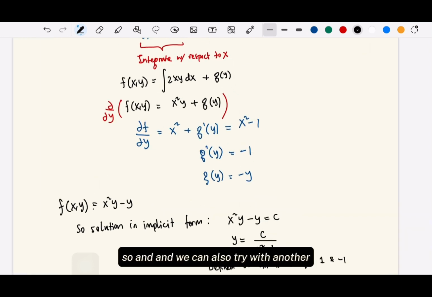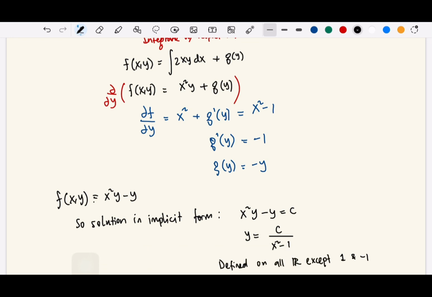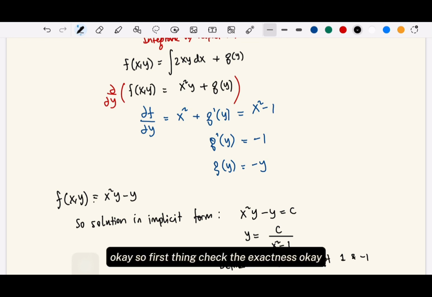Okay. So we can also try with another. So this is for m, right? We can also try for n, and basically it's a similar process, step by step. Okay. So first thing, check the exactness. So check m and n, derive both m and n, and if they are equal, then we can go through the exact equations.